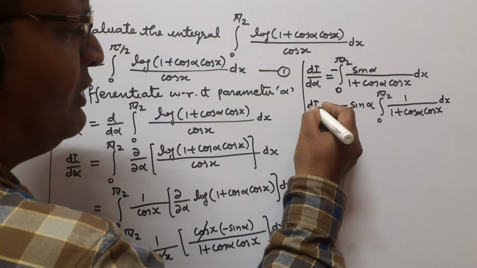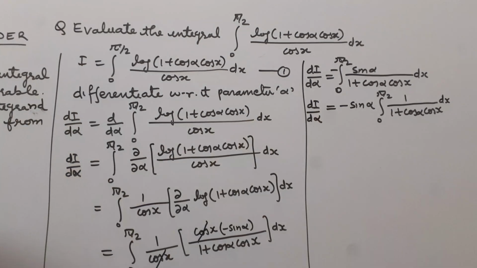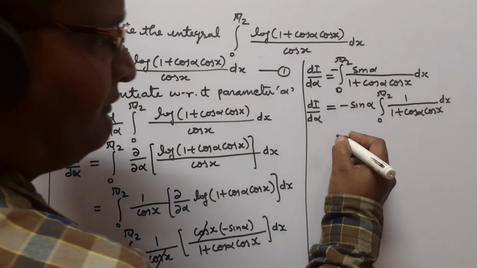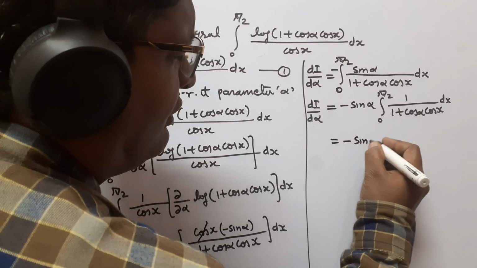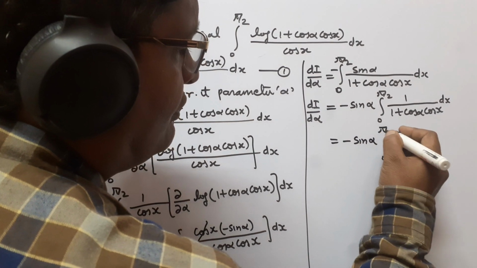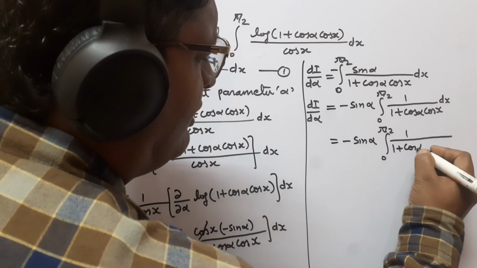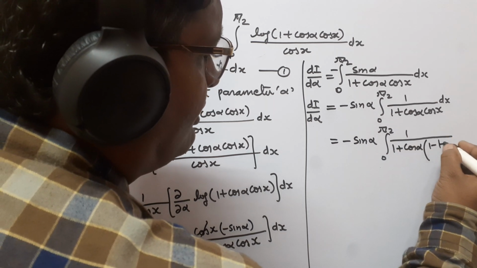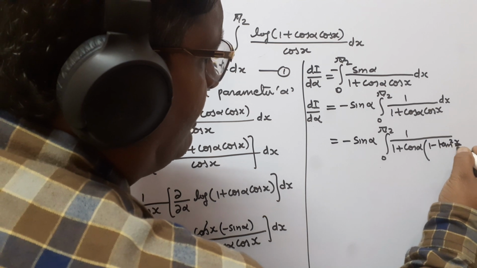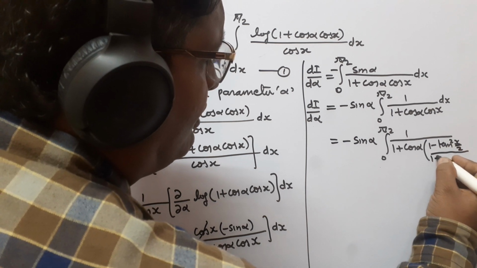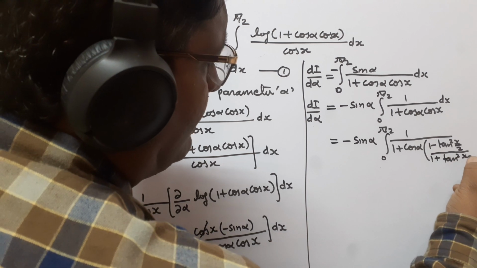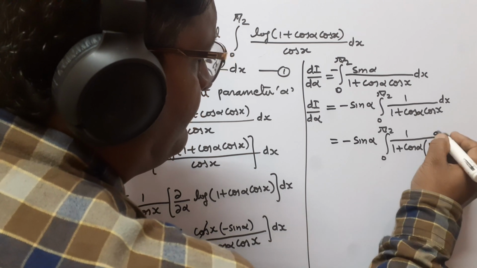This is equal to dI by d alpha. Now we integrate 1 upon 1 plus cos alpha into cos x. So we put here the value of cos x. The value of cos x can be written as 1 minus tan square x by 2 divided by 1 plus tan square x by 2.